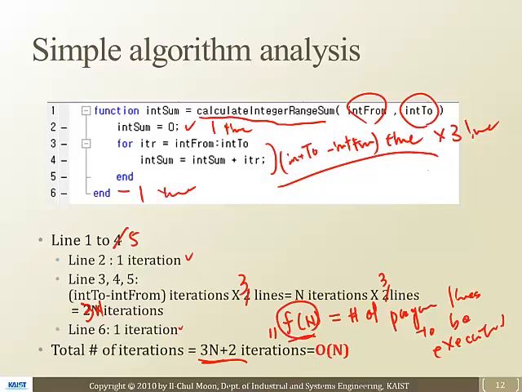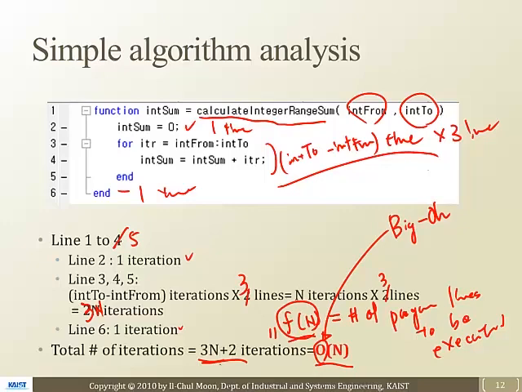We have a new notation called order of n. We are going to explain this order of n later, and this O is called big O in algorithm analysis.